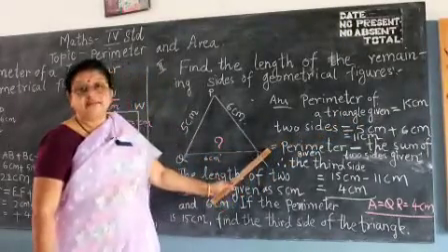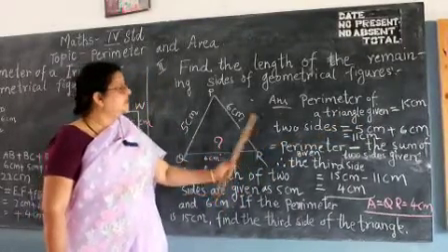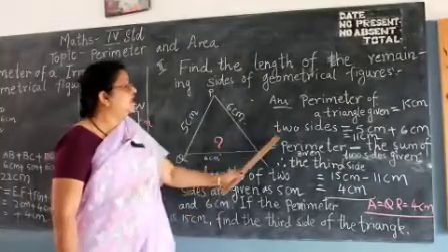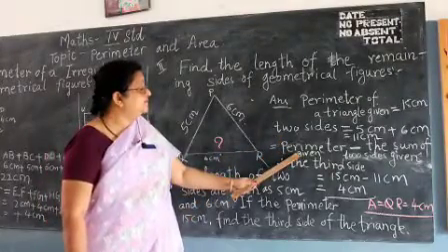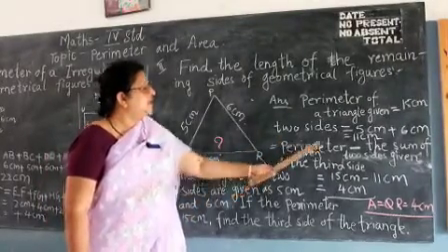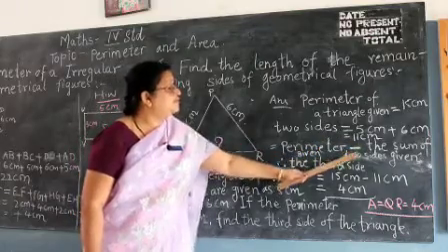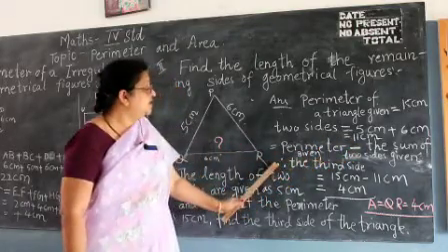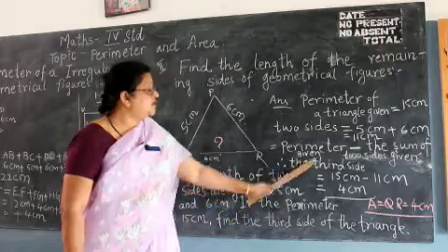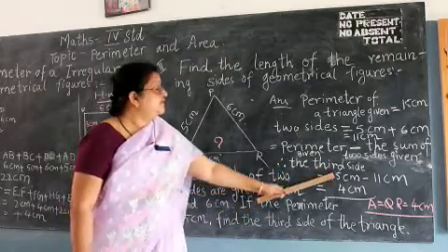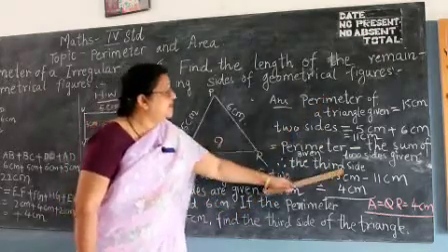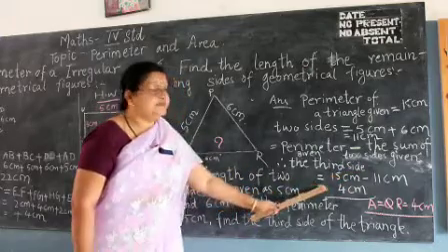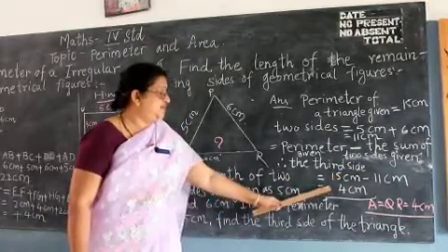Then the method or the formula is, when you want to find a third side, the perimeter given, here it is perimeter given minus the sum of two sides given, therefore the third side will be equal to 15 centimeter minus 11 centimeter is equal to 4 centimeter.